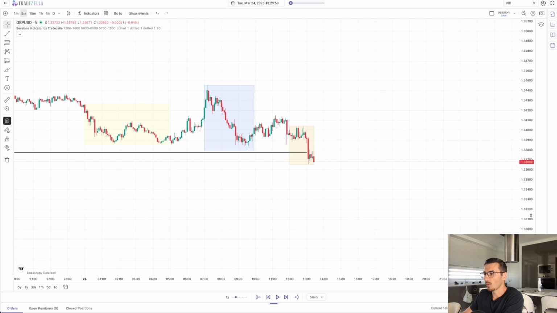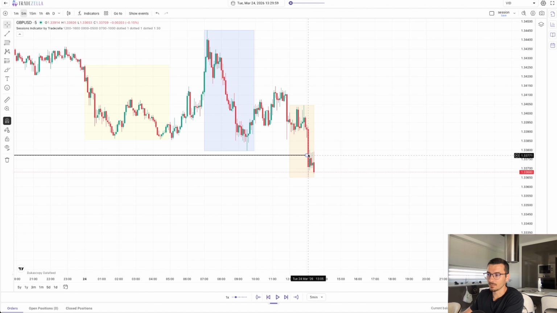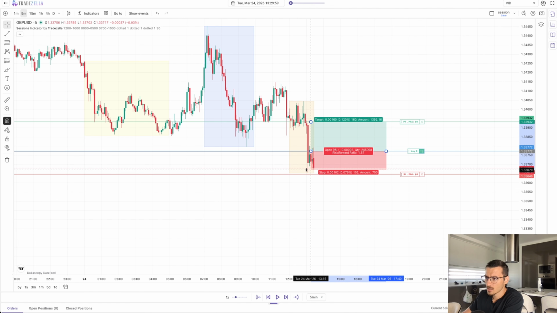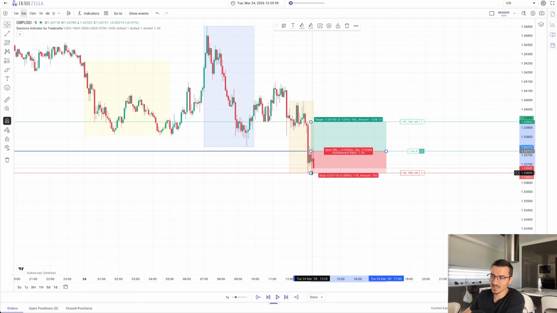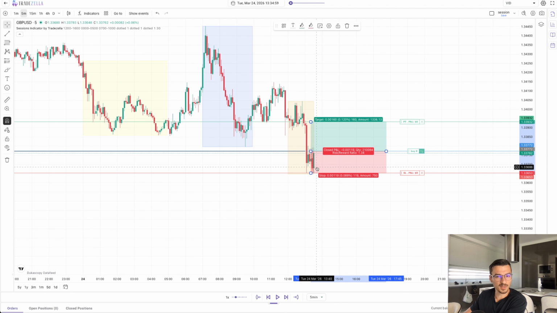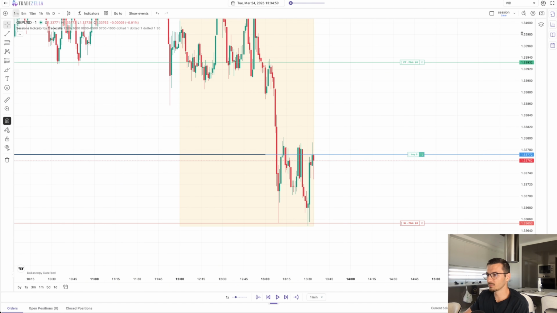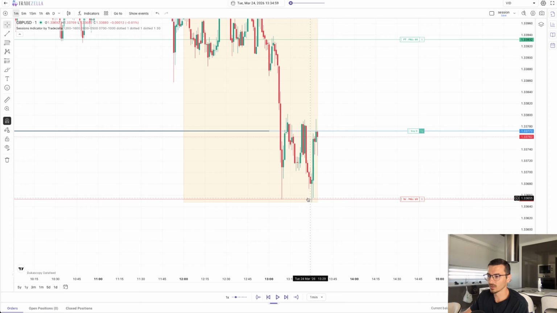right? But we're not just looking for this one sweep and immediately positioning ourselves here due to the reaction, because if you put your stop loss under the low here, you're gonna get stopped out. But now the beautiful thing here is that we had two sweeps, two M5 candles sweeping each other, and on M1, if I show you a bit better, it can sort of look like this, where you had the low here being swept.